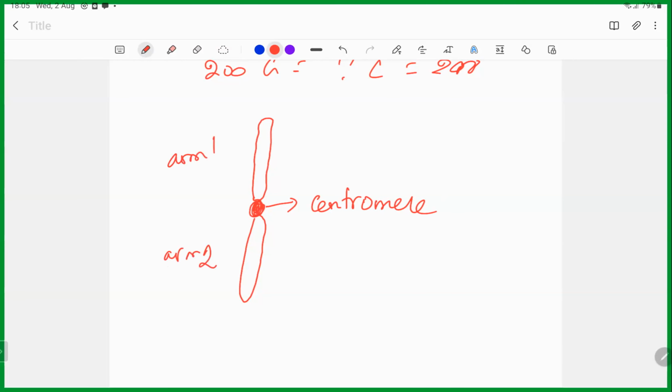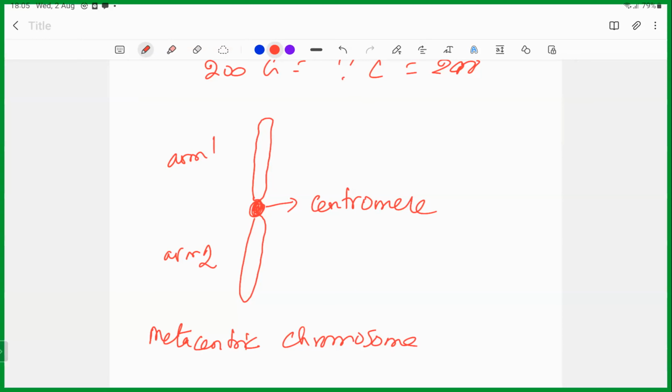Sometimes both the arms are of equal size. Such kind of chromosomes are called what? Metacentric chromosome. When the centromere is present in the middle, then it is called a metacentric chromosome.